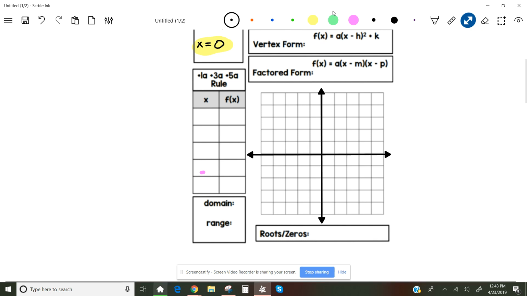And if it helps, you can label them: this is the y axis, and this is the x axis. And so we said that our axis of symmetry is x equals 0, which means it's the y axis, and it's going to be there. That's very crooked, so let's try that again. Boom. That's there.